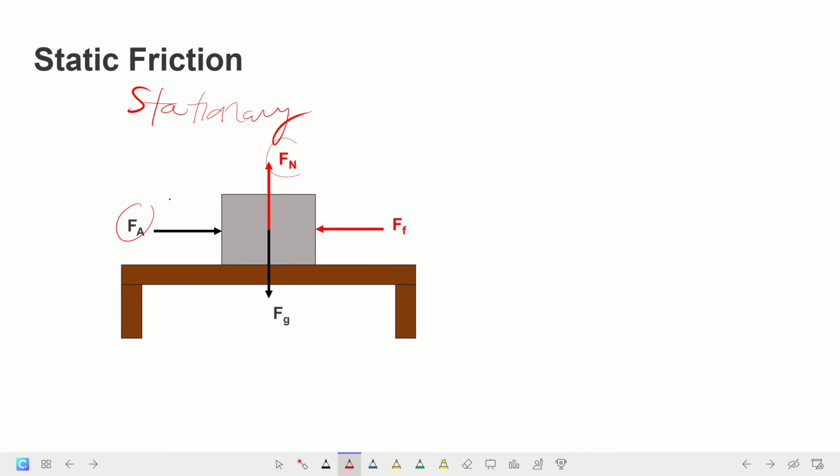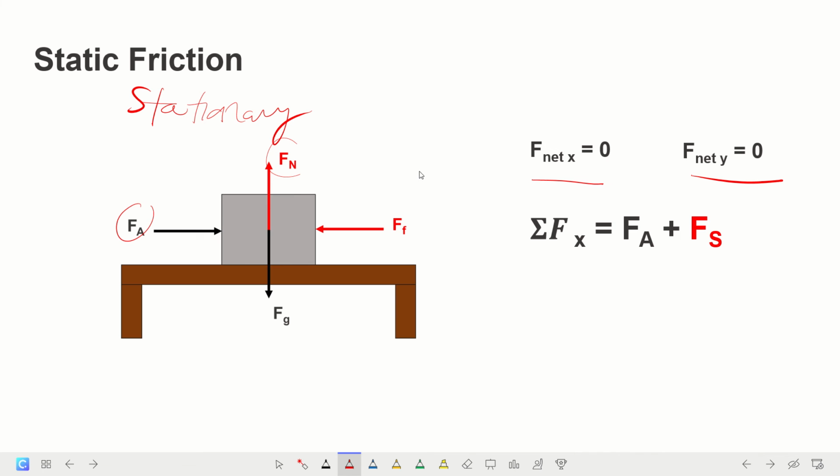So analyze natin yung forces. So the net force that is acting on this body, along the y-axis and the x-axis, since sabi natin stationary, the net force must be equal to 0. So along the x-axis, we have here the force applied plus the force of static friction. And then for the y-axis, we have here the force due to gravity plus the normal force.